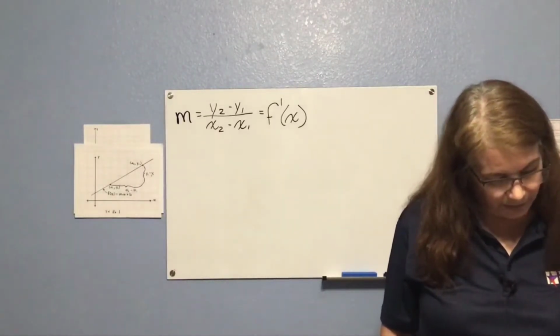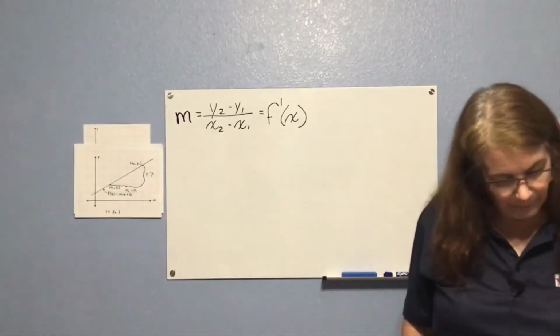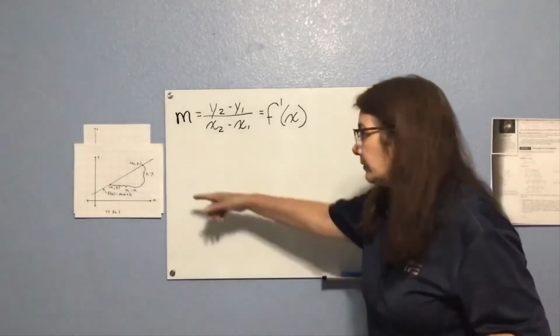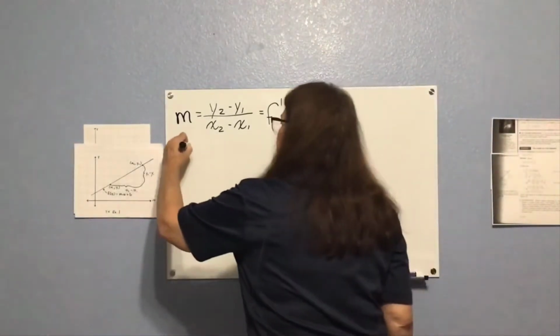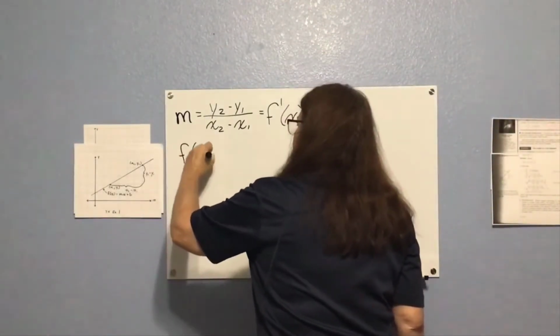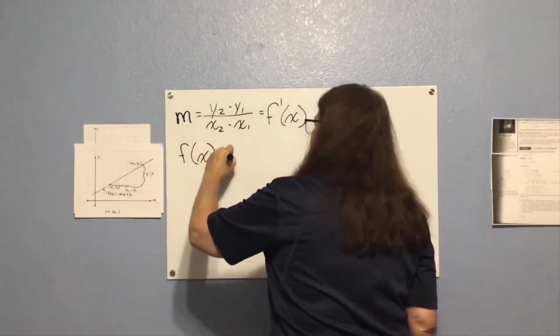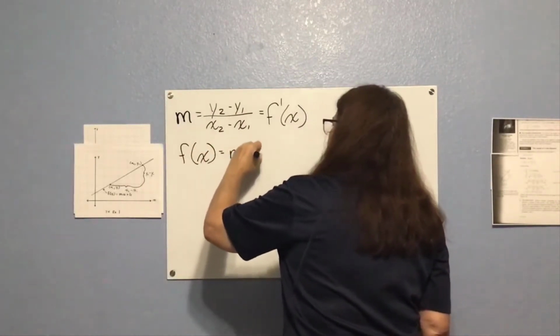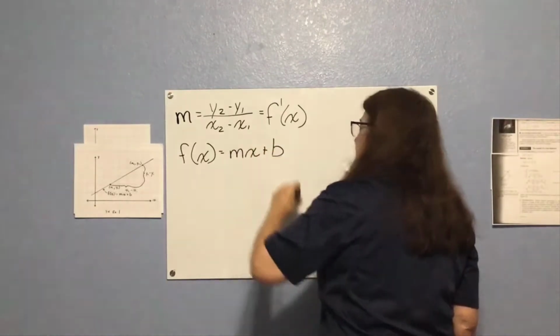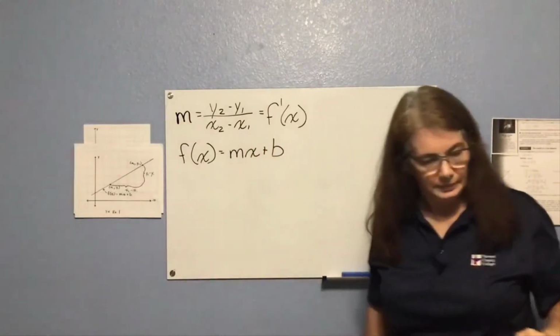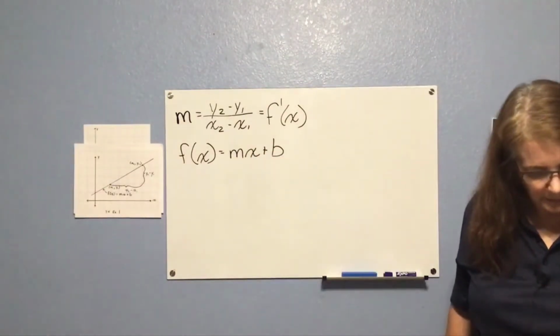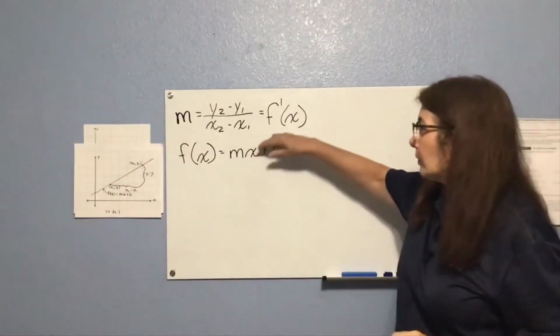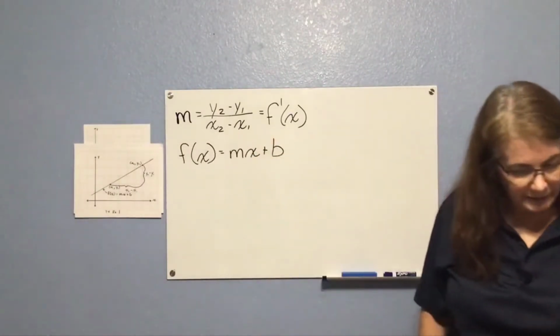So let's look at this first example again. We know that for any linear function, f of x is equal to mx plus b. And then, of course, this is our first derivative.